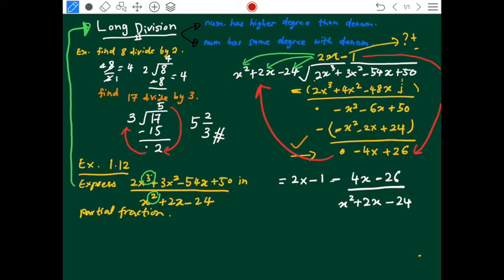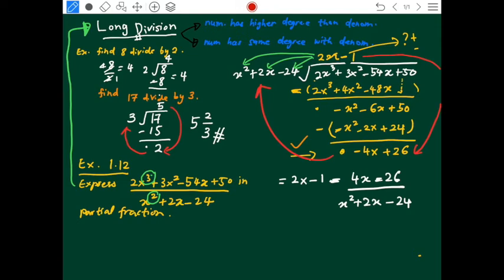Is that clear? If you expand it, negative 4x, negative will become positive 26. So this is how to do the long division.